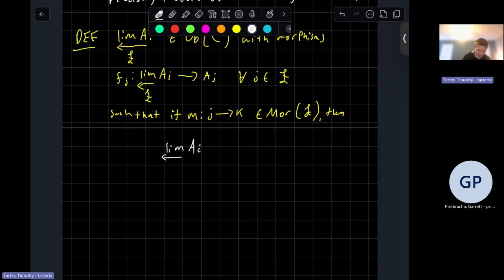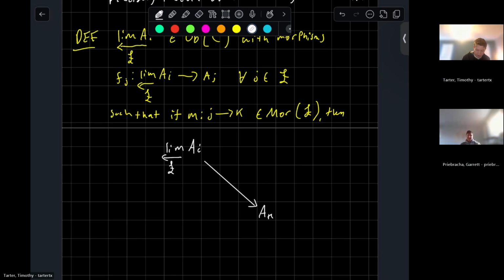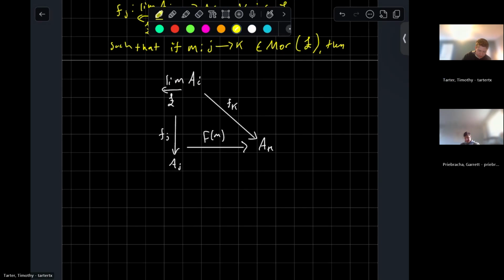Lim A_i, inverse limit over F, to A_K, F_K, A_J, F_J, functor M, commutes.